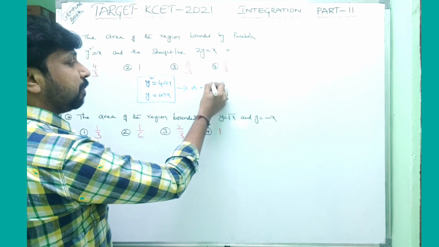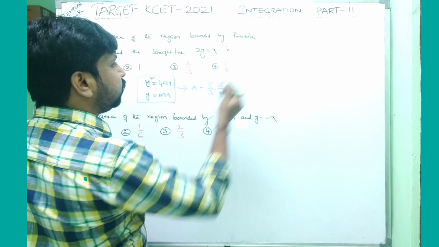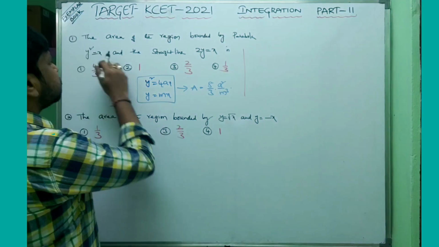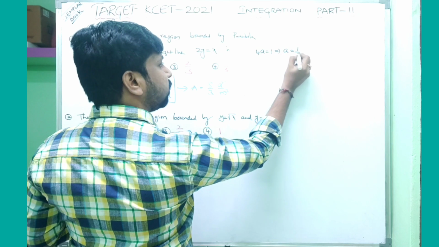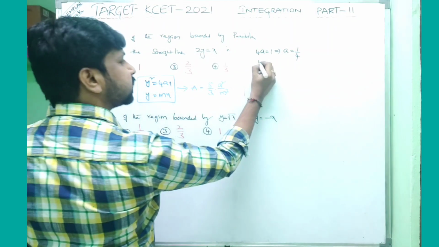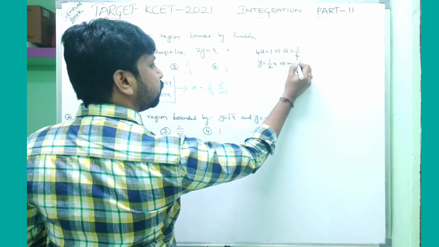This is given in the applications of integration first video. Now you are going to evaluate here: y square is equal to x means 4a is equal to 1, and hence a is equal to 1 by 4. And 2y equal to x can be written as y is equal to 1 by 2 into x, and hence m is equal to 1 by 2 here.